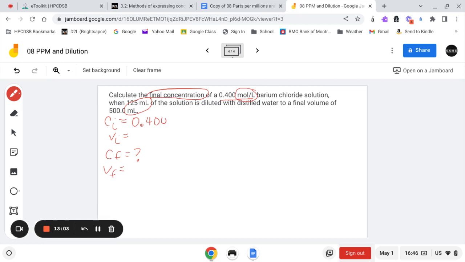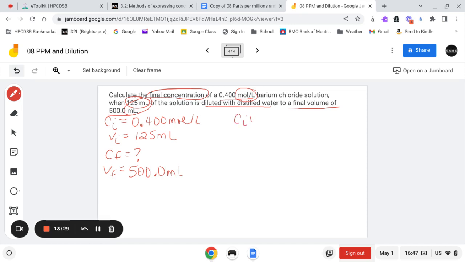So 0.400 moles per liter. And we have a starting amount of 125 mL. And then it says they add water to a final volume of 500. So we'll put that in. Oops, put a decimal too soon. 500, there we go, milliliters.